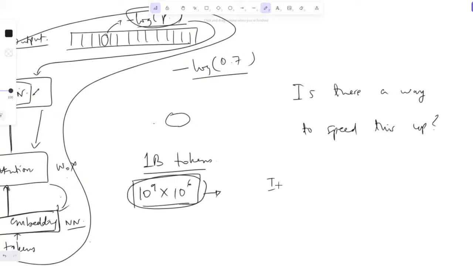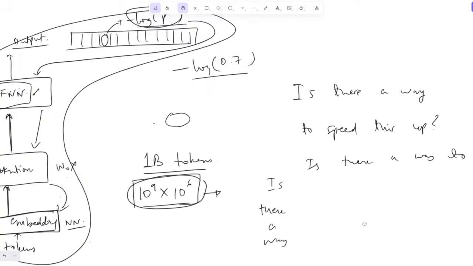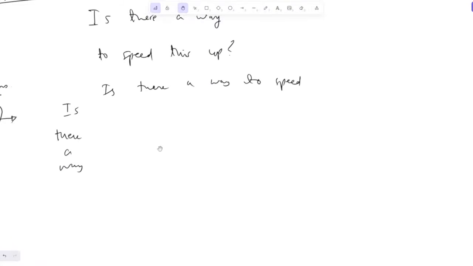Let's just take the first word, is, and then we take the next word, there, a way. I'm just creating the attention matrix. Is there a way to speed this up?